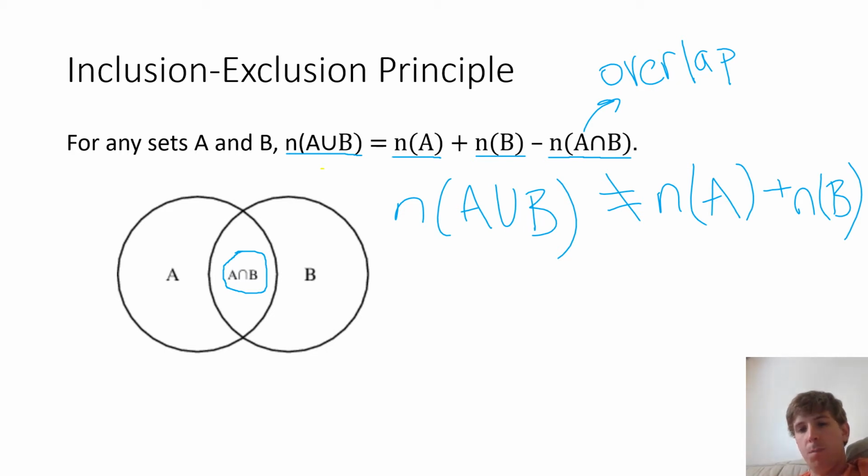The people in the A intersection B have already been accounted for, whether they were in set A or set B. I'll show you an example of using this principle.